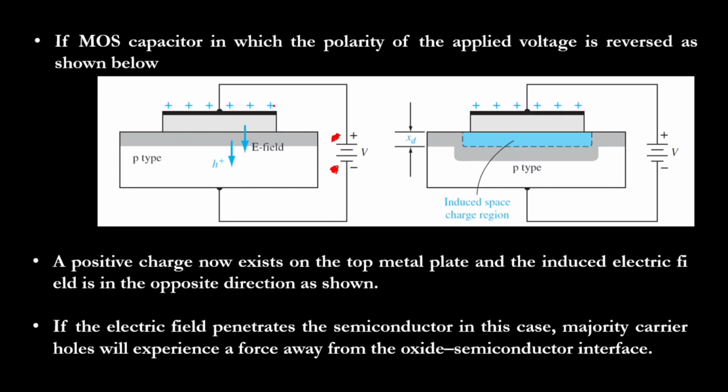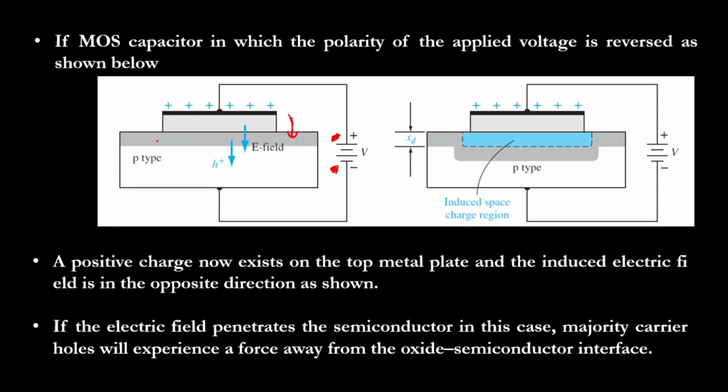The direction of the induced electric field in the oxide layer is in this direction. It is moving away from the metal plate, and basically that is going to pierce into the semiconductor. What will happen?